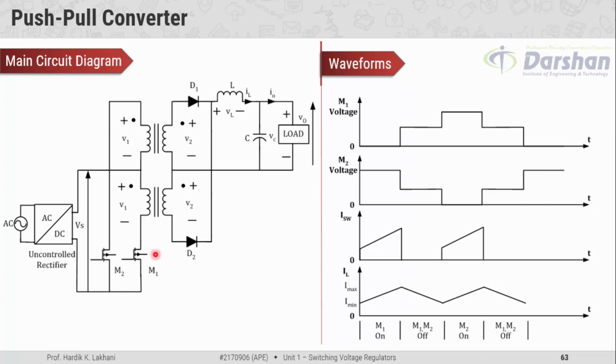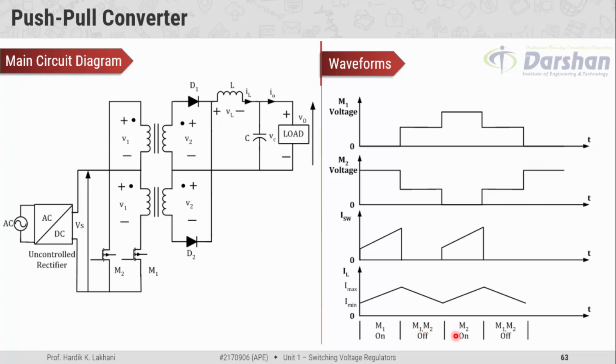Because this converter has two controlled switches, the one cycle operation of this push-pull converter can be explained with the help of four modes. The first mode, when the MOSFET 1 is in the on state condition. Second interval, when both switches are in the off state condition.